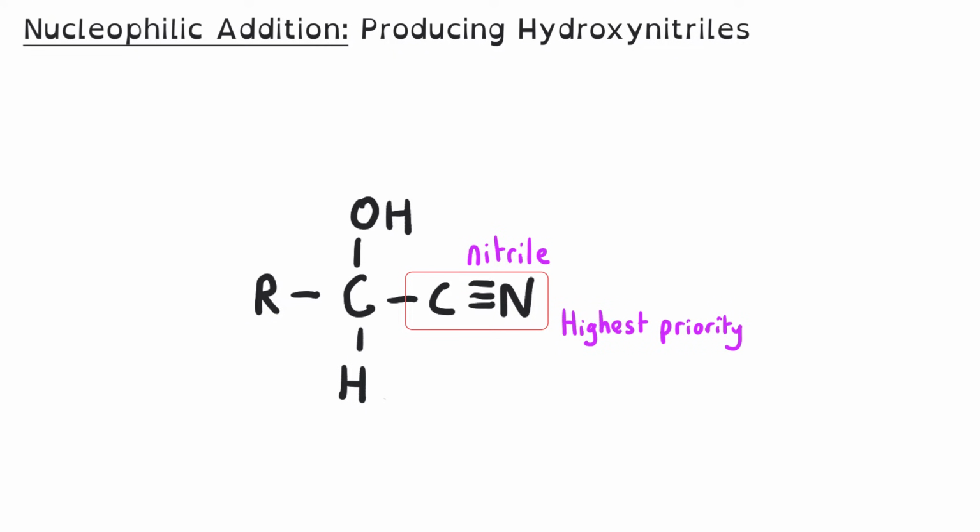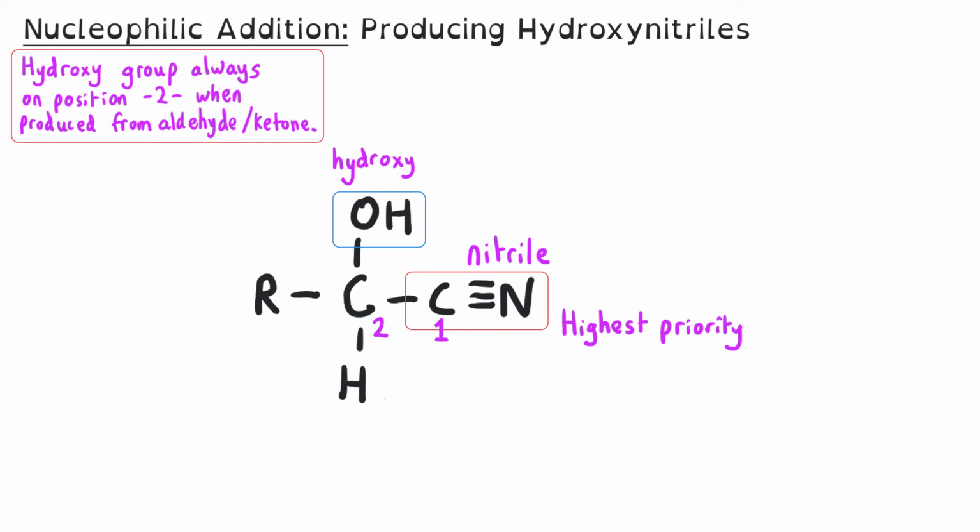And so that means that the carbon that is attached to the nitrogen is always treated as carbon number 1. There's also a hydroxy group, and this hydroxy group is always on carbon number 2. And because the nitrile has the higher priority, we refer to this as a hydroxy group rather than an alcohol group. And after that, the length of the carbon chain is what determines how this molecule is named.